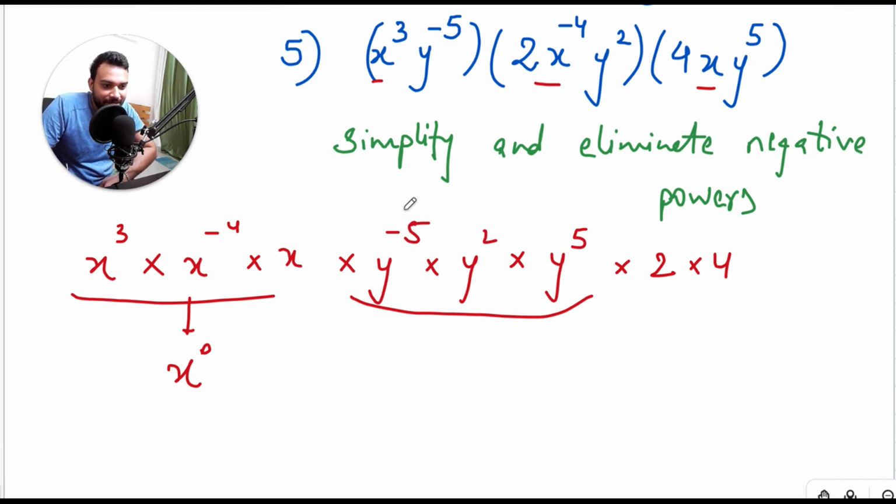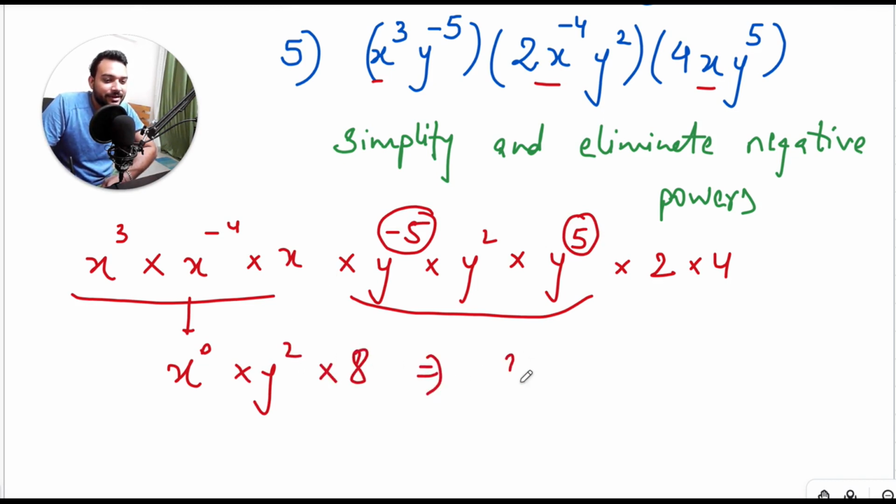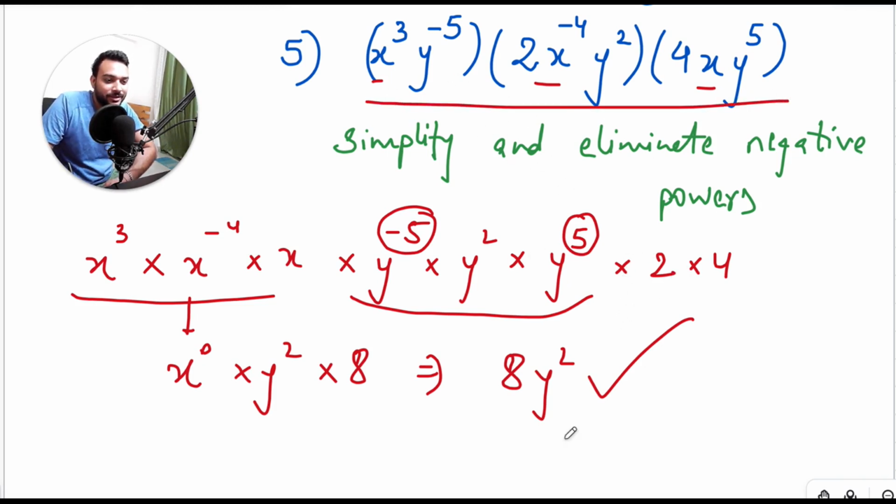See, we're going in sequence, or you can simply see negative 5 and 5 get cancelled. y raised power minus 5 plus 5 is 0, y squared is left. So y squared, and then 2 times 4 is 8. Here's the answer, 8y squared. It's as simple looking as this, and you may not have guessed initially that this big expression would eventually turn out to be so small. Yep. Okay, let's go for the next one.